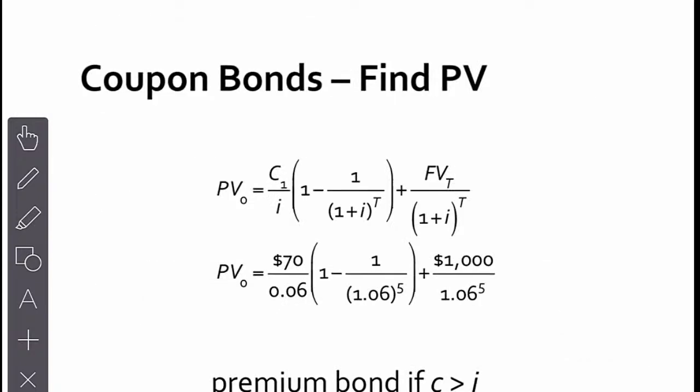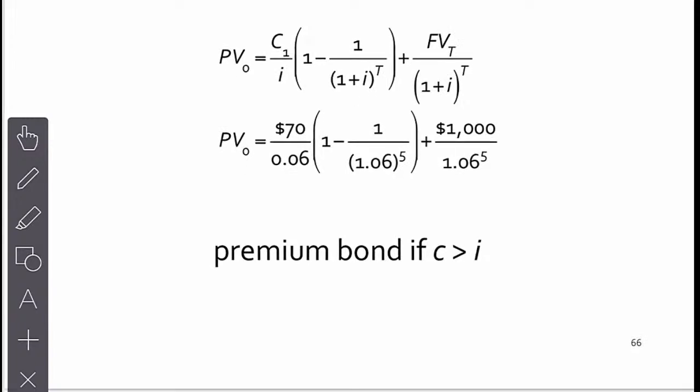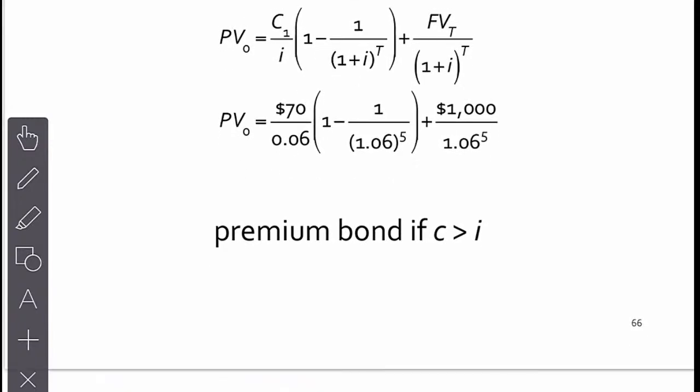I set it up with the formula. The two parts. This is the annuity piece. This is the basic time value of money lump sum payment at the end.